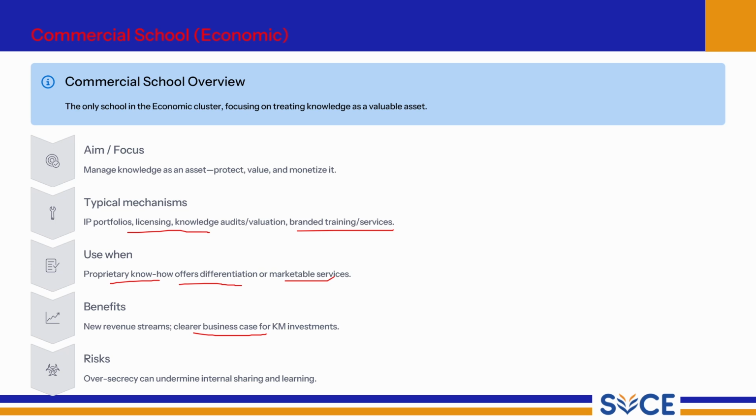Knowledge that pays back. Here, what is the risk? Over-secrecy can undermine internal sharing and learning. The risk is too much secrecy, when protecting knowledge reduces sharing and slows down internal learning.